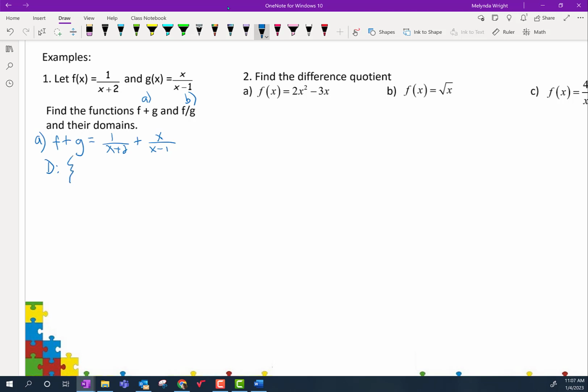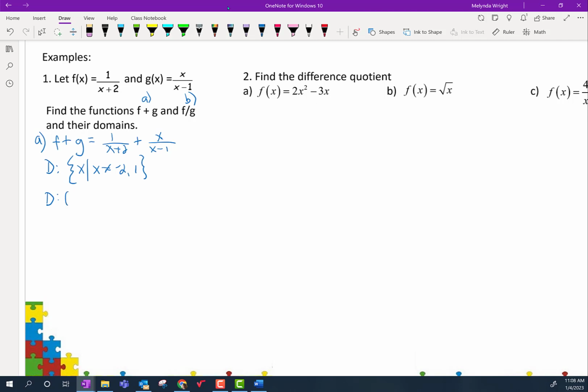So I'm going to write it in set notation first, all x such that x cannot be negative 2 or 1. Your textbook really likes interval notation, so when you're working these problems for homework, it's going to want you to put it in interval notation. So I'm going to write our domain in interval notation also.